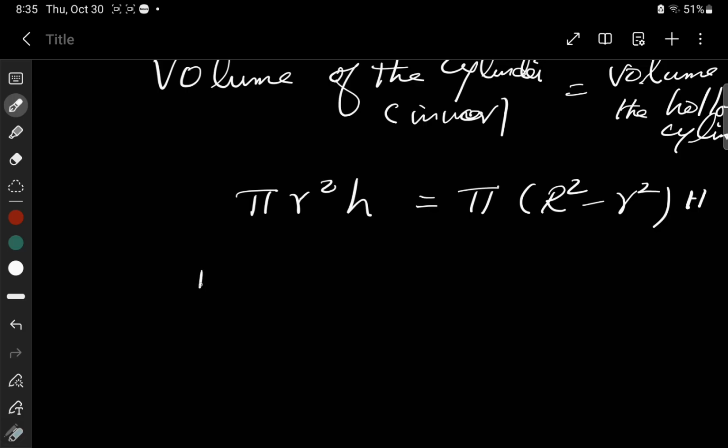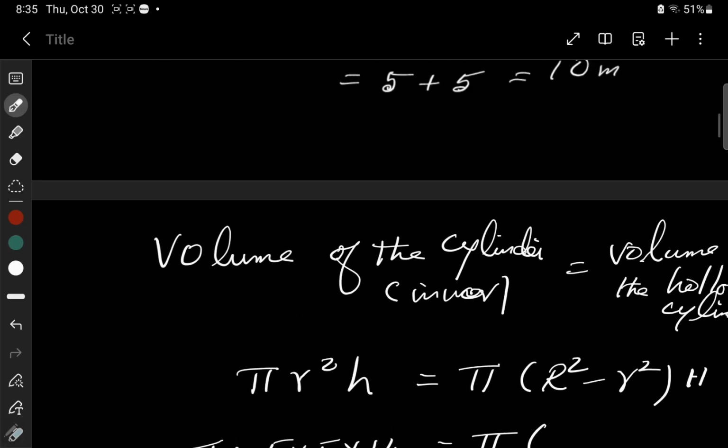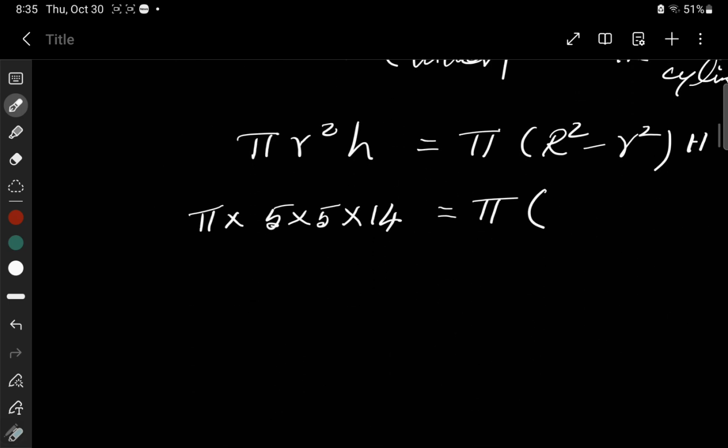So keep pi as it is. What is small r here? Small r is 5, and the height they have given is 14. So pi, what you have got, capital R is 10: 10 squared minus 5 squared. So capital H, this height I have to find.